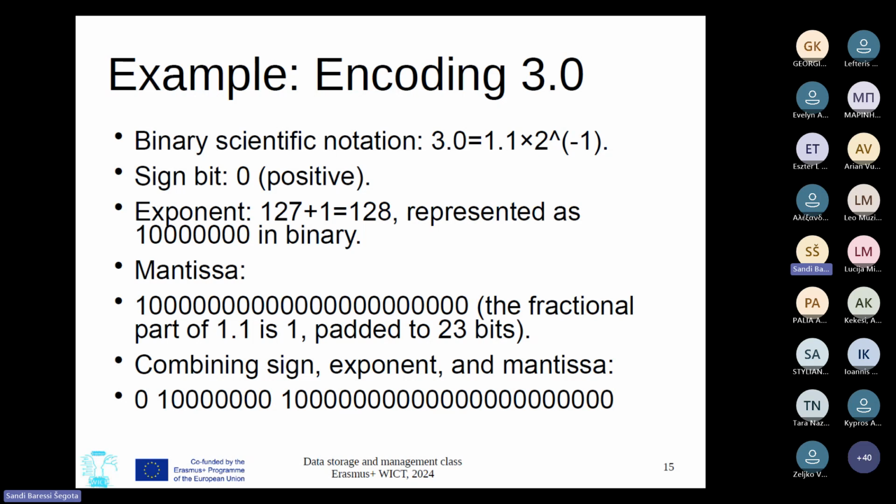If you open your Python and you write something like a equals 3.0, this is what essentially happens when this value is stored. First, that 3.0 is converted to binary and scientific notation: 1.1 times 2 to the power of 1. Okay, that was the first step.